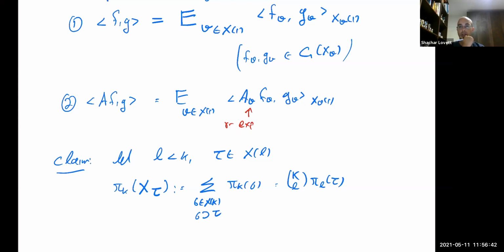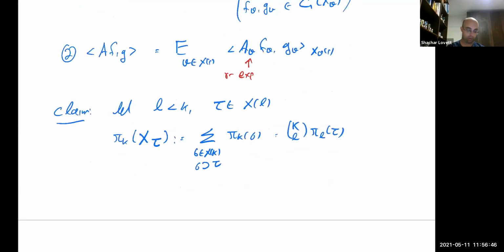Okay, what's the proof of that? Well, let's remember, what is pi_L of tau? How do we sample it? It's going to be the probability that we do two things. First, that we sample. Okay, how do we sample tau from pi_L? Let me remind you.